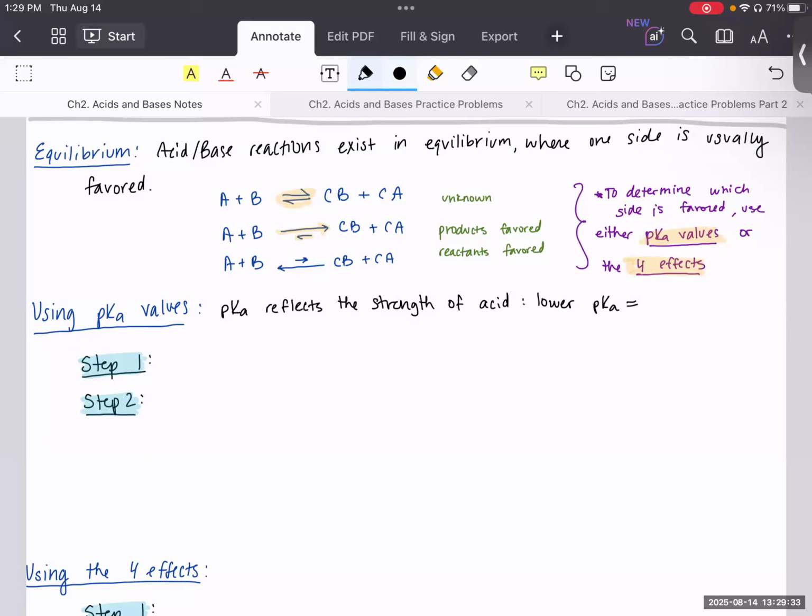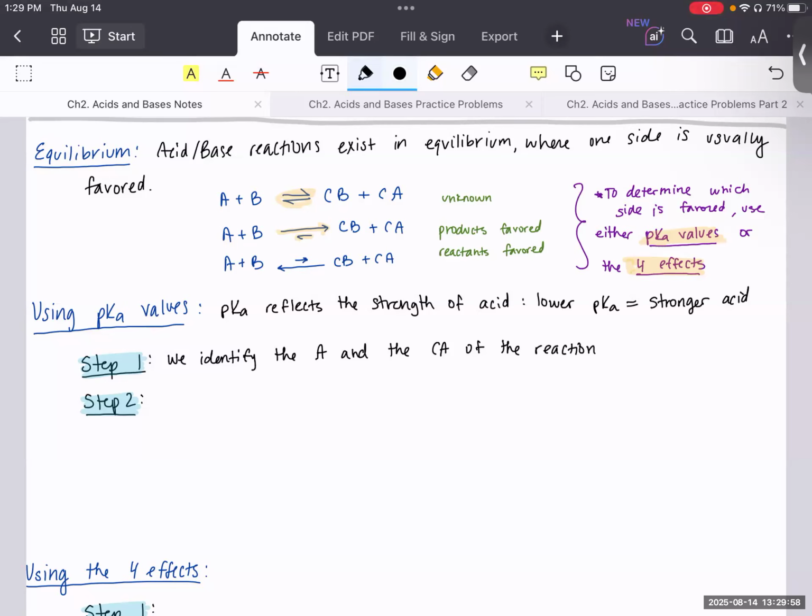So we're going to keep that in mind as we use this method. So in step one of using pKa values, we identify the acid and the conjugate acid of the reaction. So we're going to predict the products and label which one's the acid, which one's the conjugate acid.